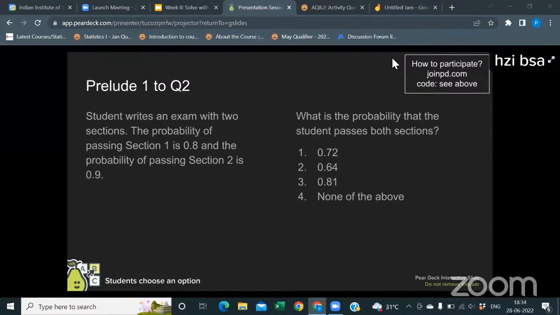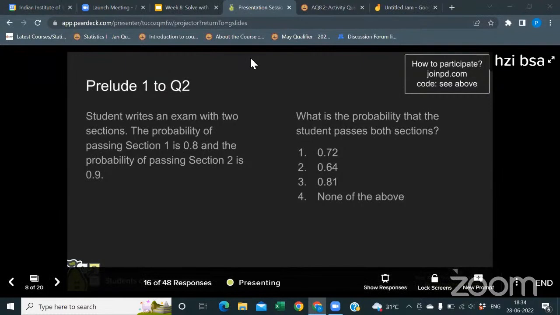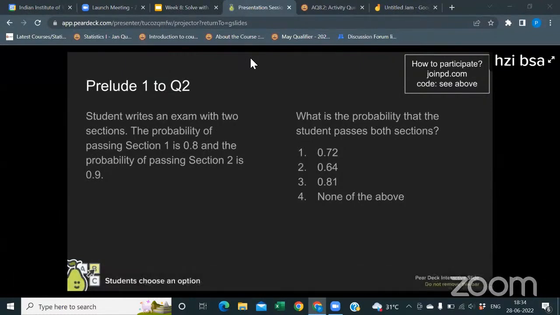Hello, sir. Yes, please. Sir, if two events are independent, like P(A) and P(B), then P(A intersection B) is equal to P(A) into P(B). This is the rule. This is the mathematical notation; in layman's terms, what is the independence concept?